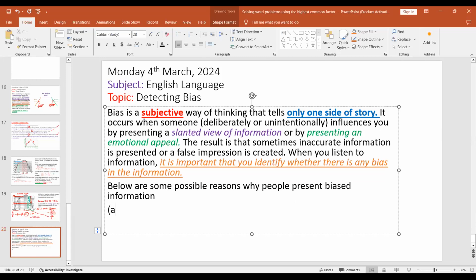Well, one reason is they are relying on incomplete information. Go ahead.